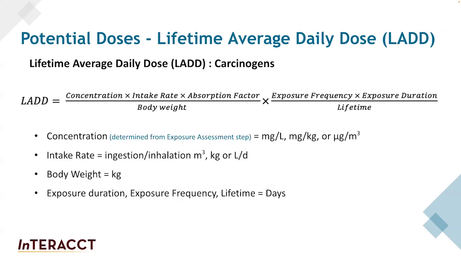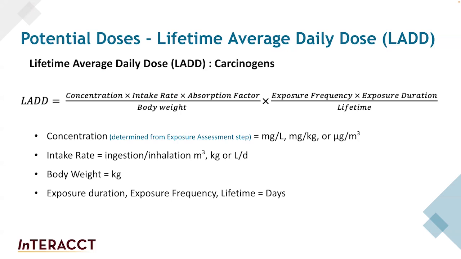Here, we see the full equation for calculating LADD, which is used when assessing the risk of carcinogenic chemicals. The LADD estimates how much of a substance a person is exposed to each day over their entire lifetime. It includes key factors such as concentration, which was determined from the exposure assessment process, intake rate, absorption, exposure frequency, and duration, and the person's body weight.